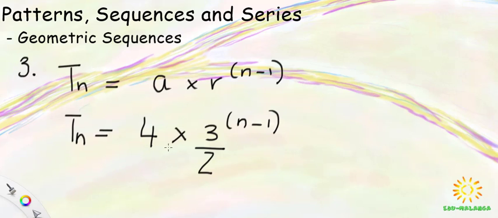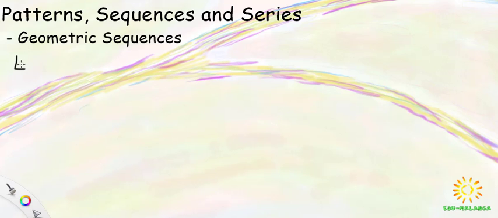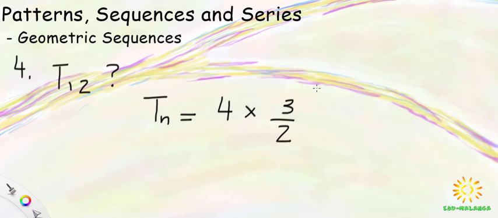The last question we will answer for this sequence will require us to use the general term. Question 4 is, what is term number 12 of this geometric sequence? The general term of the sequence is Tn is equal to 4 times 3 over 2 to the power of n minus 1. Because we're looking for term number 12, wherever we see n, we're going to substitute.